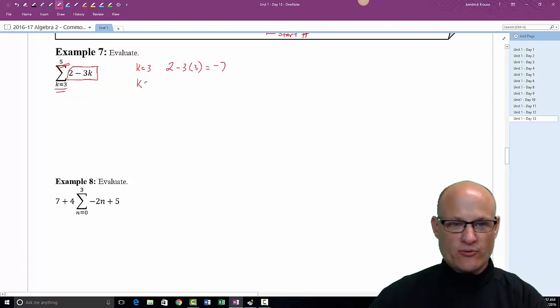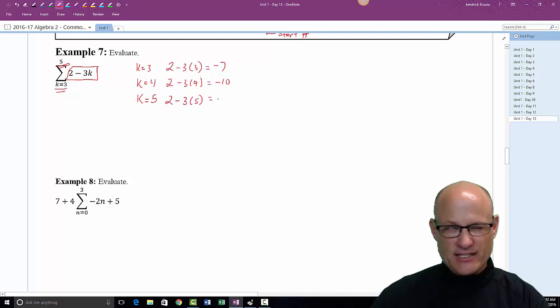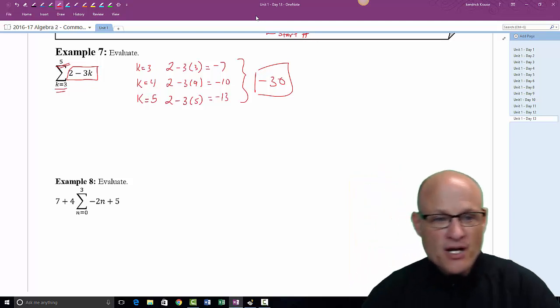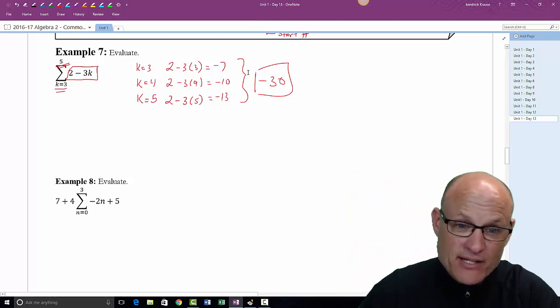And then k equals 4: 2 minus 3 times 4, 2 minus 12 is negative 10. And when k equals 5, I get 2 minus 3 times 5, 2 minus 15 is negative 13. If I add all these up, I get negative 30, because summation says add them all up. That's what summation means.